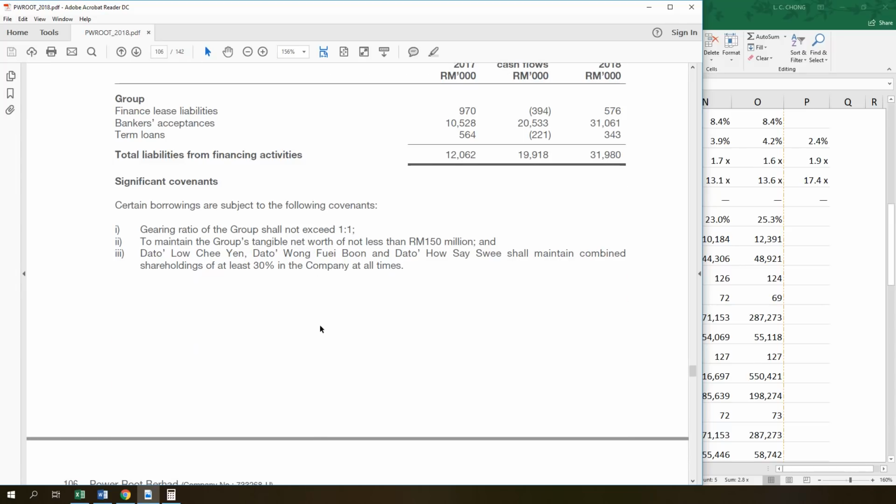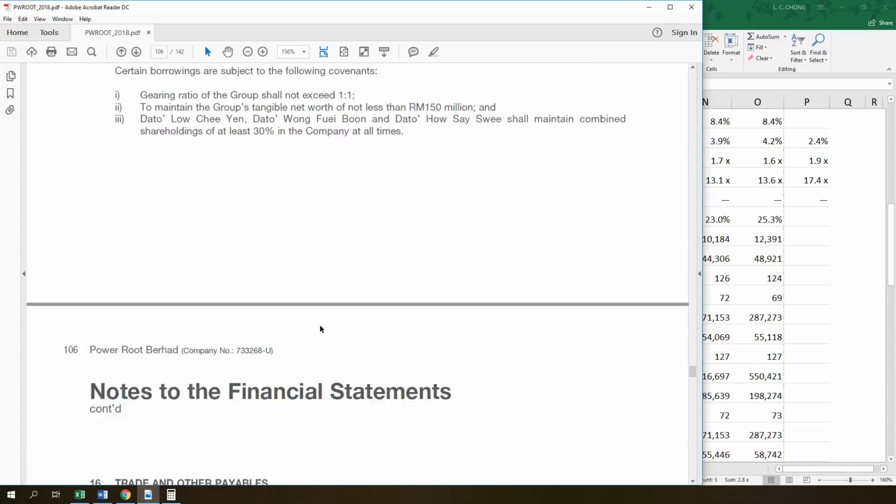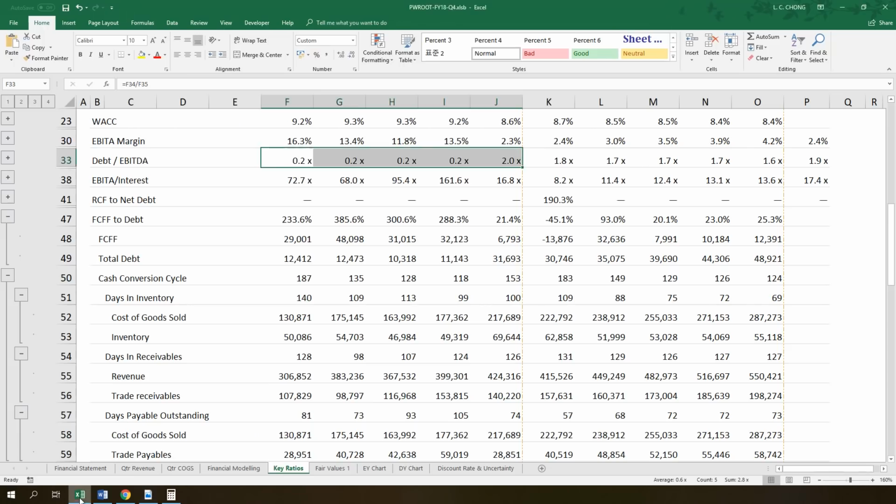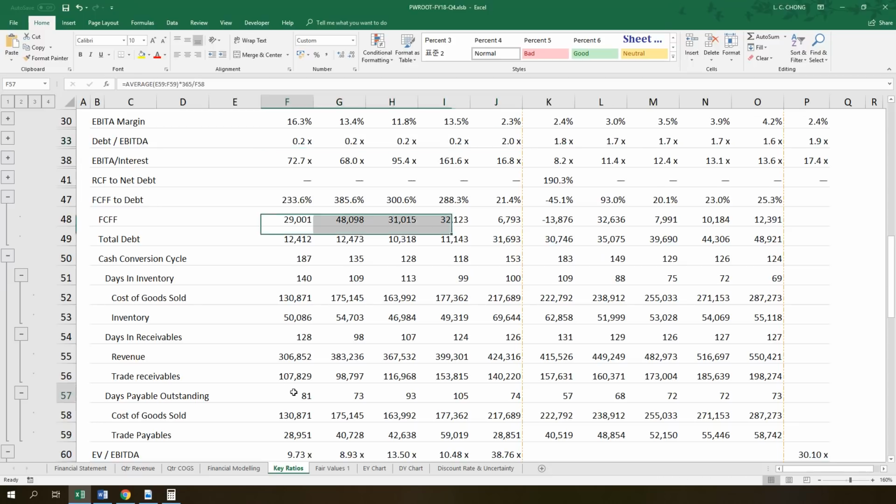Alright, let's move on. Trade and other payables. As for accounts payable, we can check days payable outstanding. Nothing alarming here. However, we have to check risk exposed in accounts payable later.